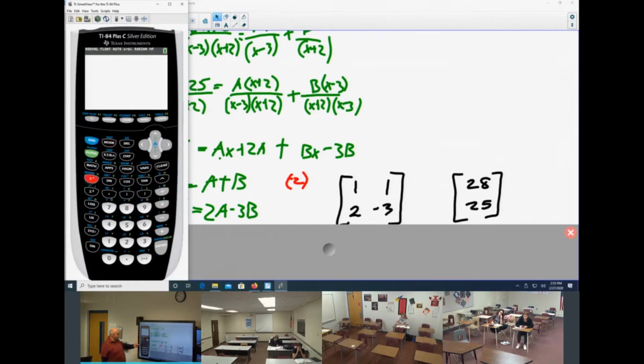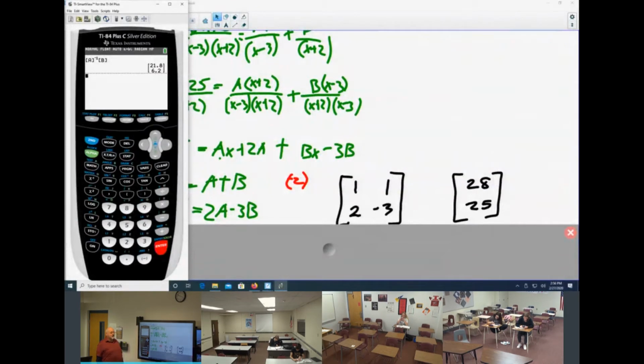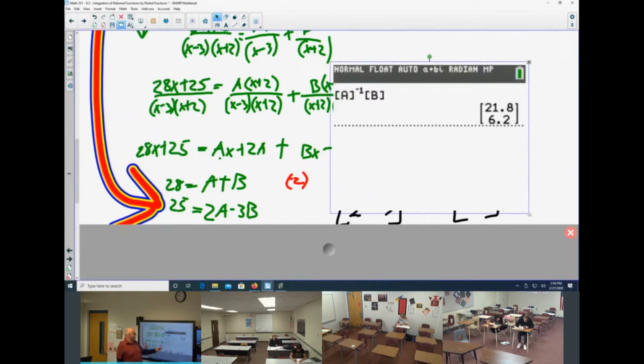So second matrix, and then the name, so A, and then inverse, and now B, second matrix, B, arrow down to B. And so A inverse B, and so that's going to give me my answers, and either you can have it come out as decimals or fractions. Okay.